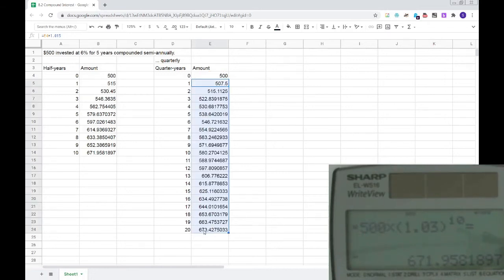And you'll notice we're actually getting different values. We're getting more money because we're compounding it more frequently.